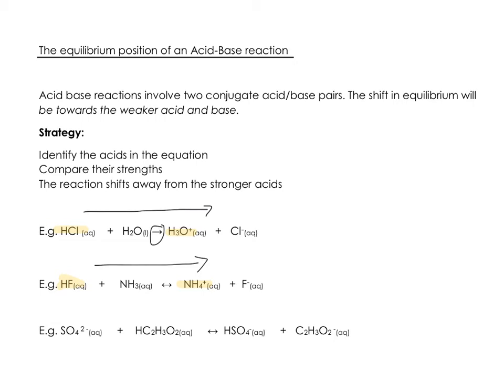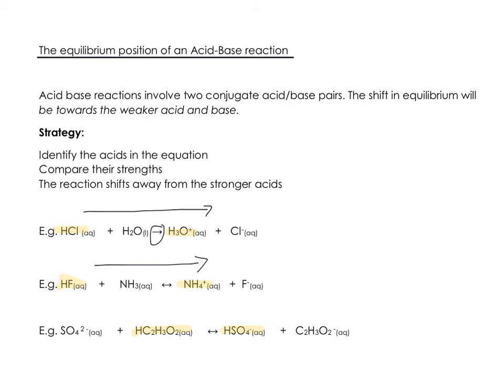Next example, we've got sulfate plus acetic acid, and then we've got hydrogen sulfate and acetate. Your acids have to include an H because they're proton donors.